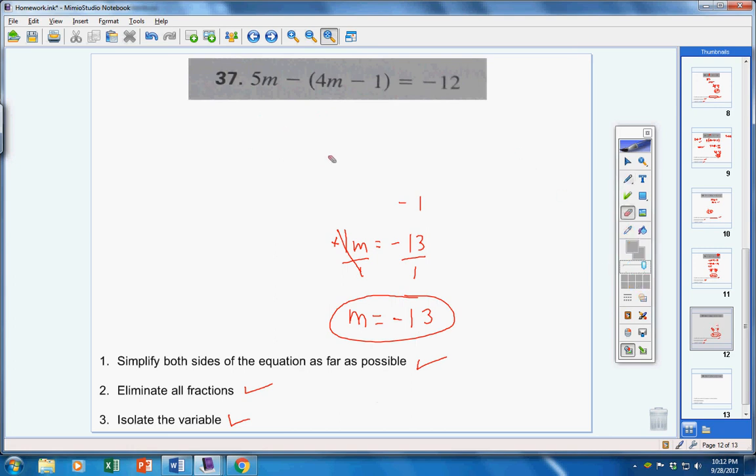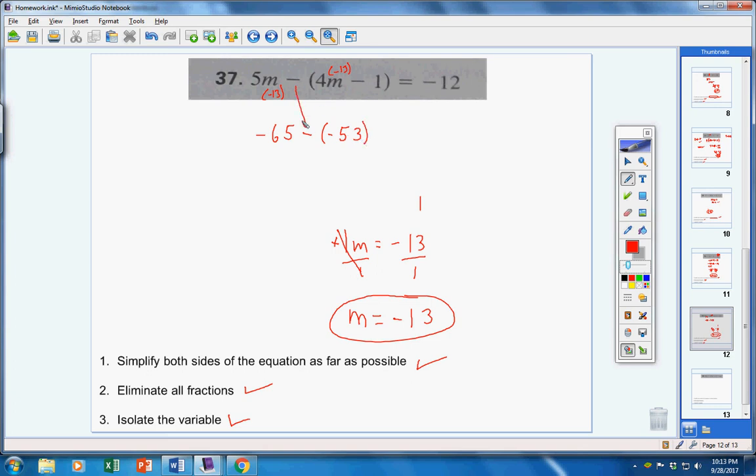Now, let's check it. Put a negative 13 here. 5 times negative 13, negative 65. Put a negative 13 right here, and you get negative 52, negative 1. That's negative 53.